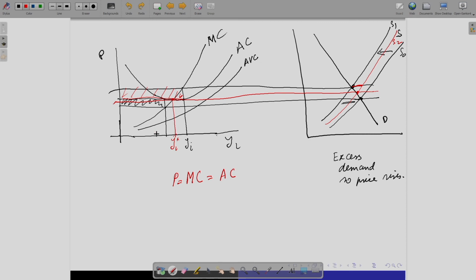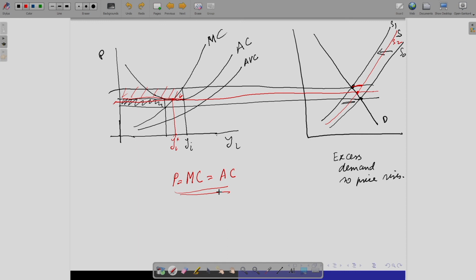So, if firms initially are making losses, then some firms are going to leave the market, and then the market price is going to rise, and due to the rise in the market price, the firms may make some profit, supernormal profit, and if that happens, then again some new firms are going to enter, and this process will come to a halt, or it will stop, when the price is equal to marginal cost, and marginal cost is equal to average cost.